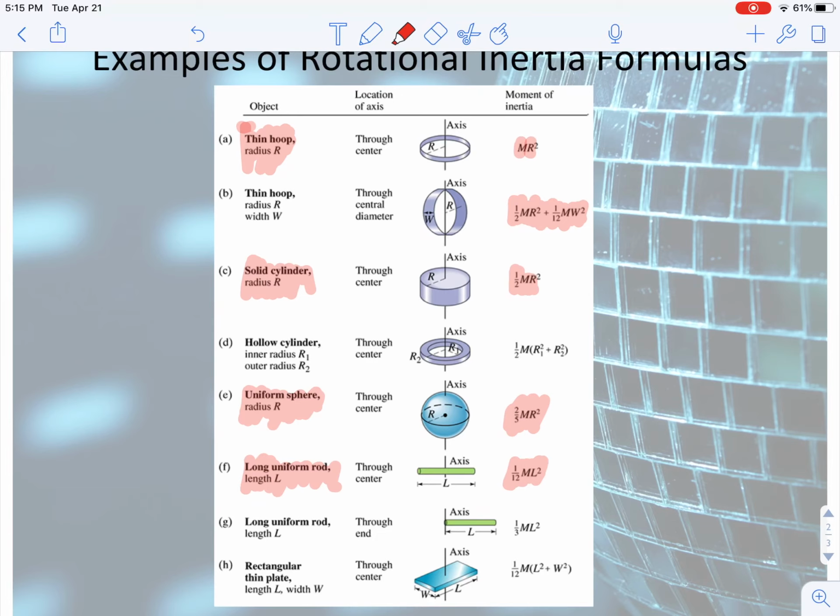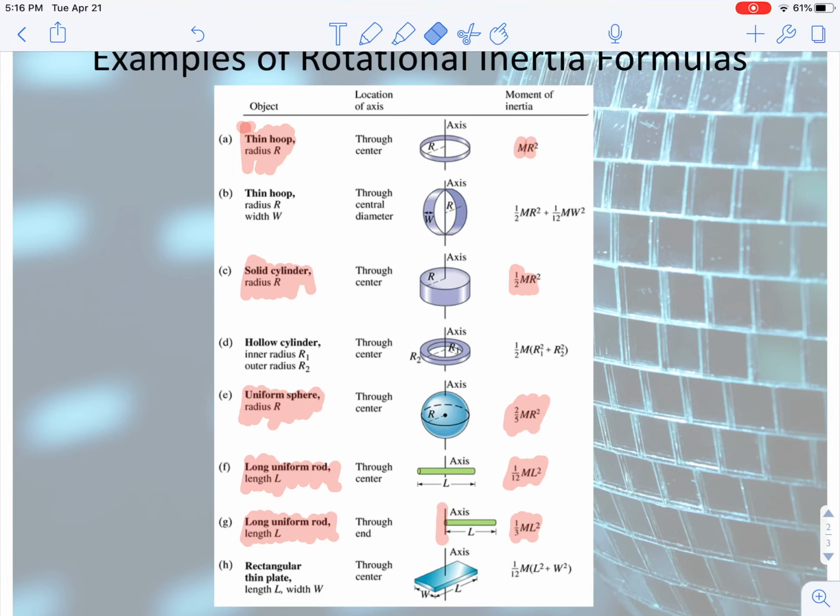It would be a different formula. You could have a rod that has an axis at the end, and so that rod is rotating around that axis, and we get that formula. I would say out of this list, these are the ones that you would be most likely to see.